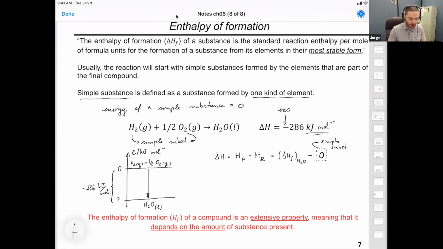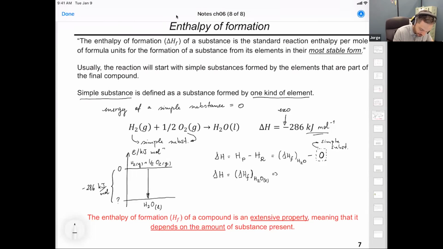Can you see that the delta H of this reaction is going to be exactly the delta H of formation for the water molecule in the liquid state? And delta H of formation, you can see as the energy that the compound carries to other reactions. It's like an energy pack kind of thing. We are determining exactly the energy for that compound.